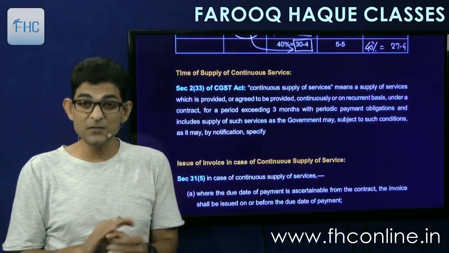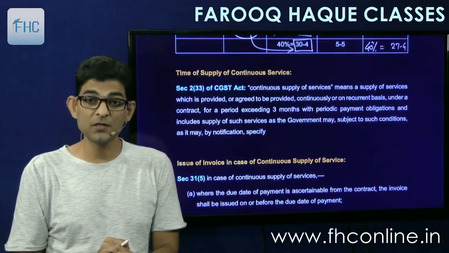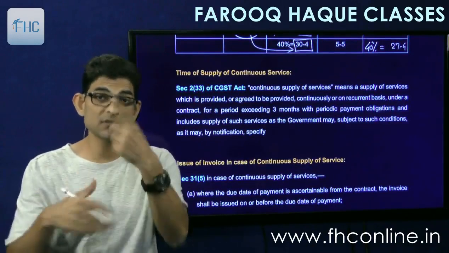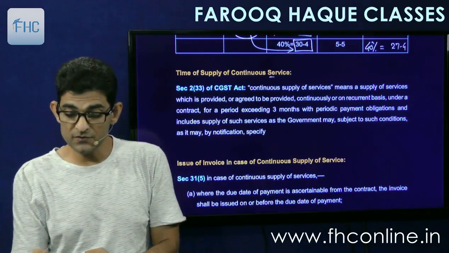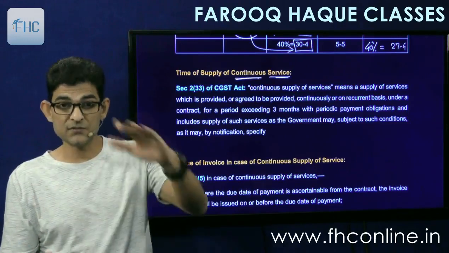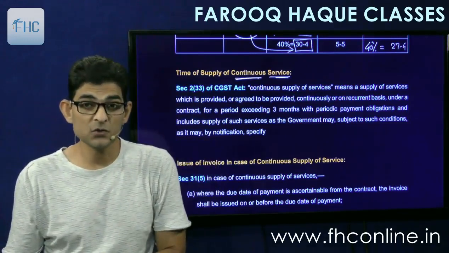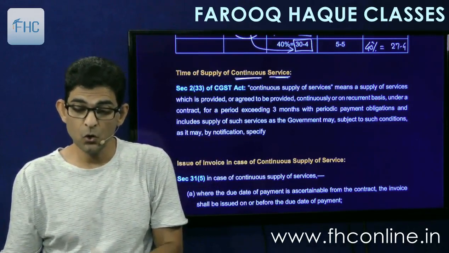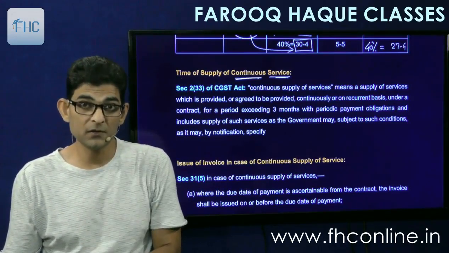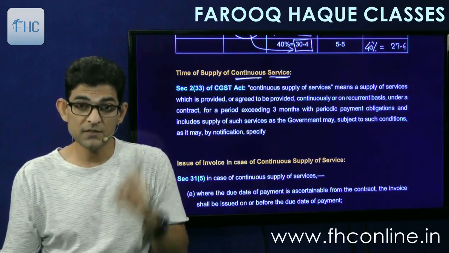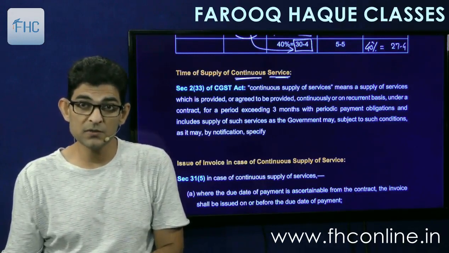Then here again continuous service is given, like we have seen for continuous goods. Let's see for continuous service. If the service is given on a continuous basis, that is any service which is given for more than 3 months is called as continuous service, or one which are specified by the government to be continuous. We have seen the definition, continuous service.